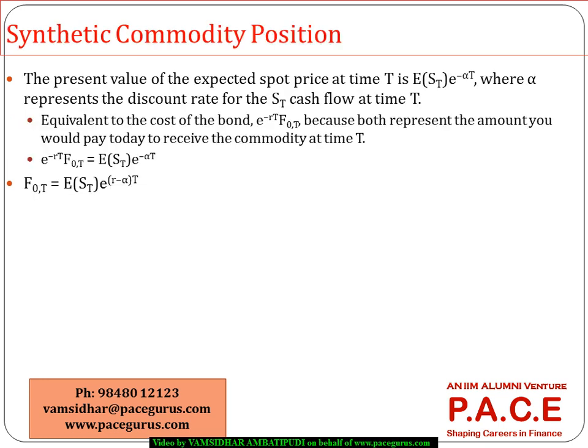Now, one of the important aspects of this chapter, whenever we are talking of the forward price, we generally look at it in terms of the expected spot price on that day. See, when I am looking at today, let me put the position like this. Today is the spot price S0.